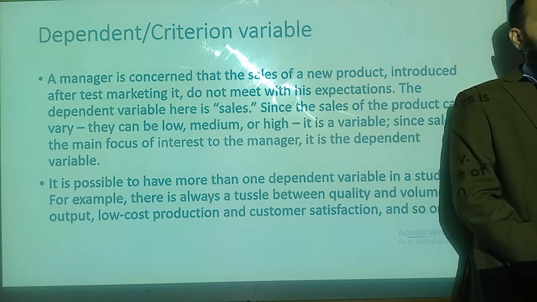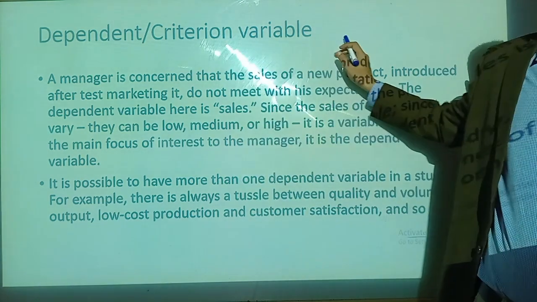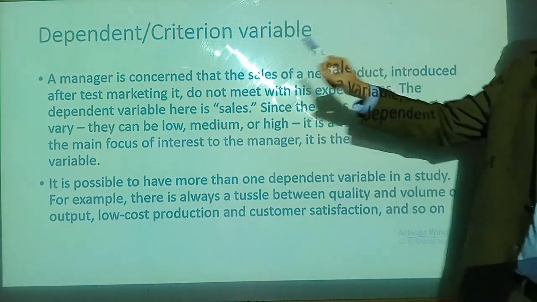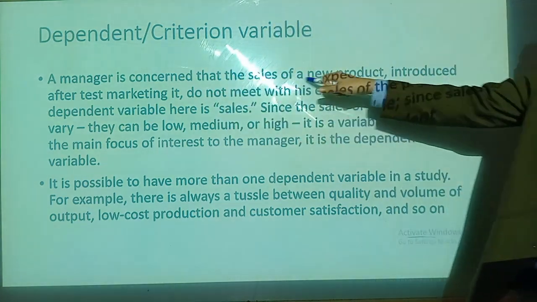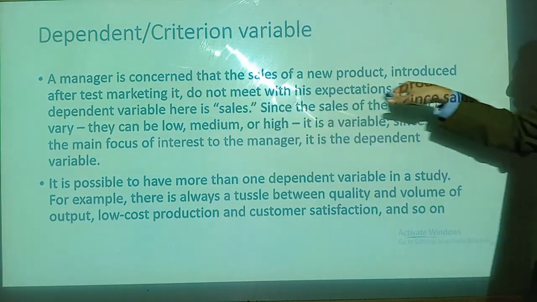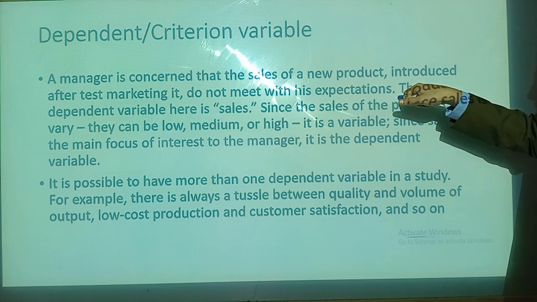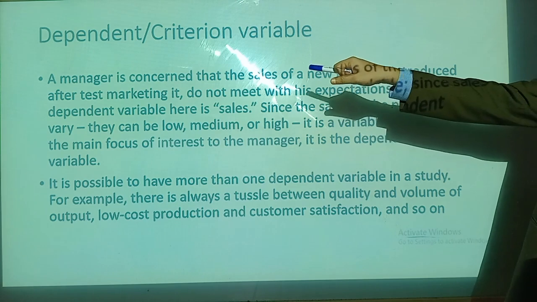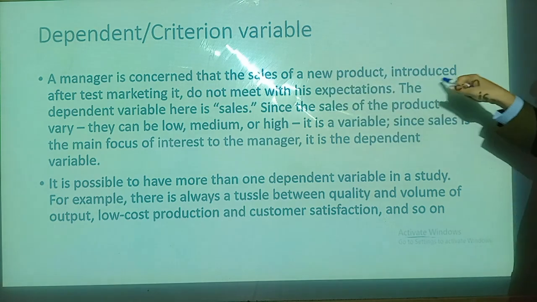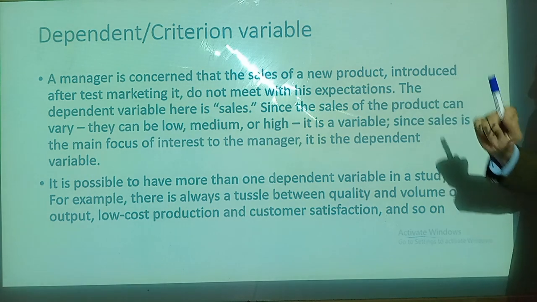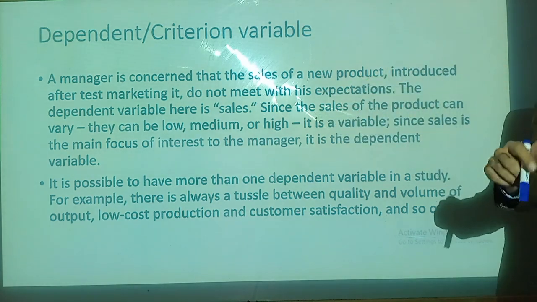Okay, so the dependent variable is the main variable. It is also called the criterion variable. A manager is concerned that the sales of a new product introduced after test marketing do not meet his expectations. Okay, I'm just giving the example. The dependent variable here is sales.